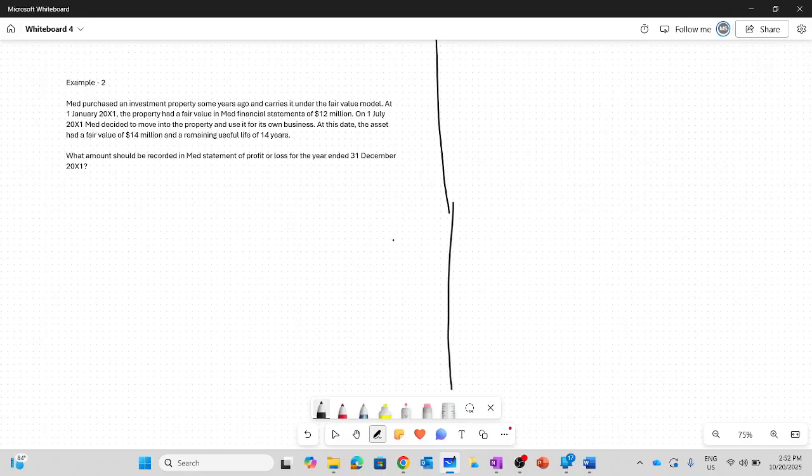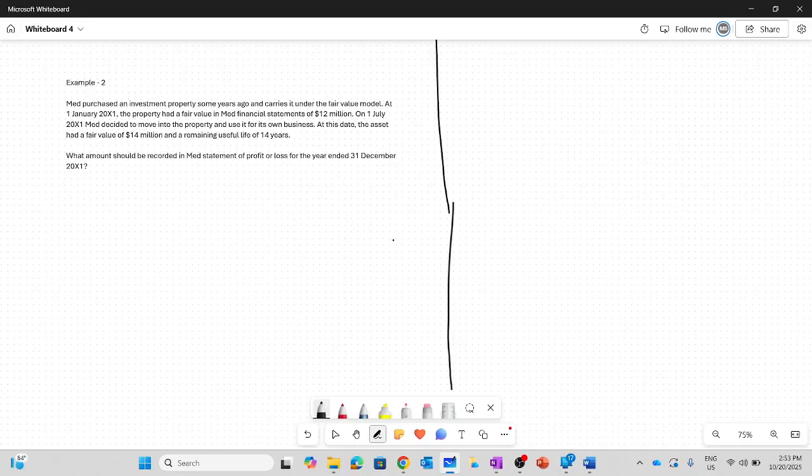Let's look at the question and try to understand it. Med purchased an investment property some years ago under the fair value model. At 1st January 2021, the value of the property is 12 million.